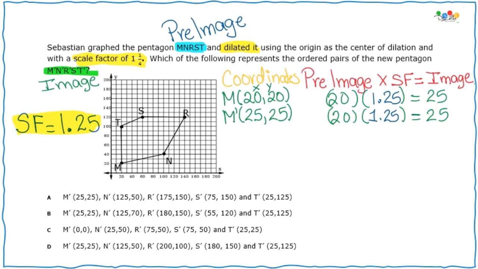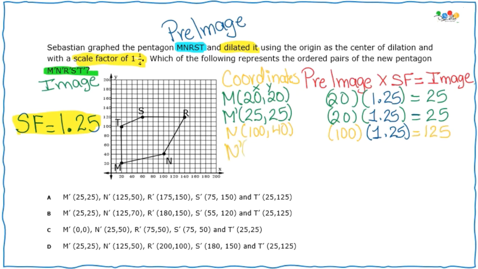So what if I choose the next one as N? My N coordinates, sorry, are 100 for X and 40 for Y. So we're going to multiply 100 times the scale factor, which is 1.25, and that will give me 125.